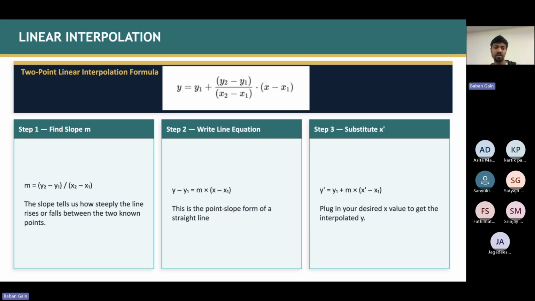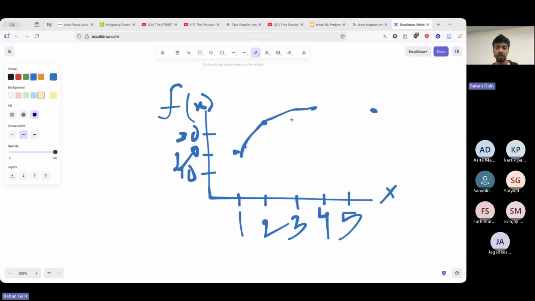One simple method is linear interpolation. So basically, what you do here is assume that you have some kind of a line like this. Assume this is the line, right? First of all, the idea is that you have to find the slope.